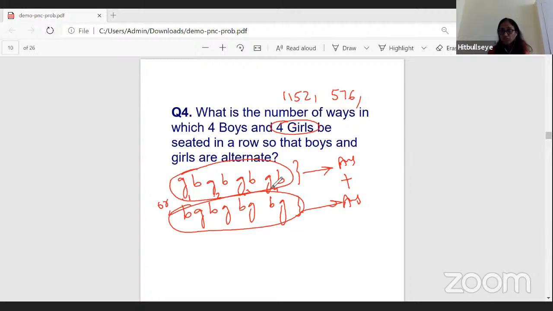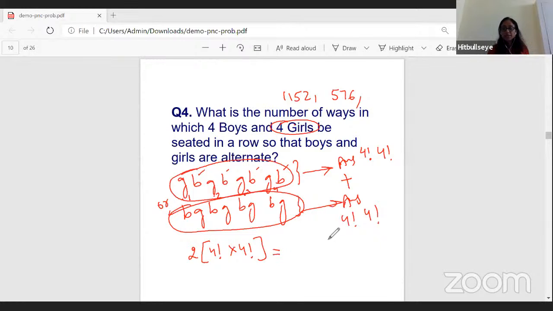4 girls changing positions between them can be done in how many ways? 4 factorial ways. Similarly, these 4 boys can interchange their positions in how many ways? 4 factorial ways. Same will happen for the second case also. So what does it become? It becomes this plus this. That is twice of 4 factorial multiplied with 4 factorial.